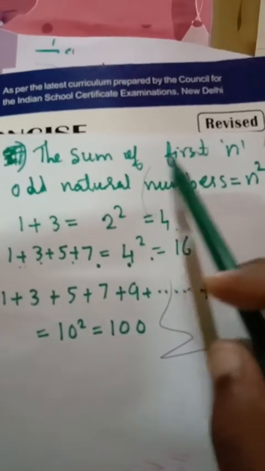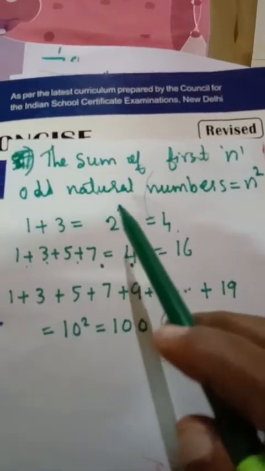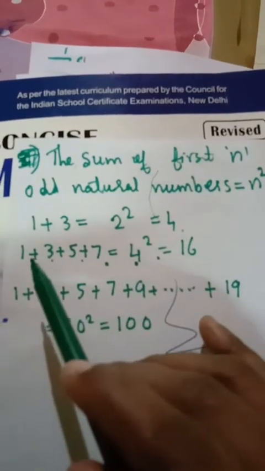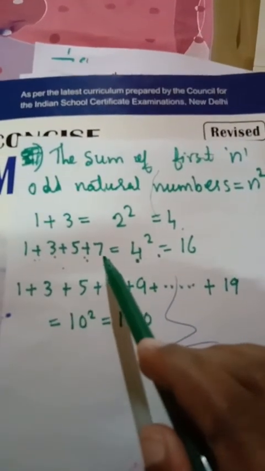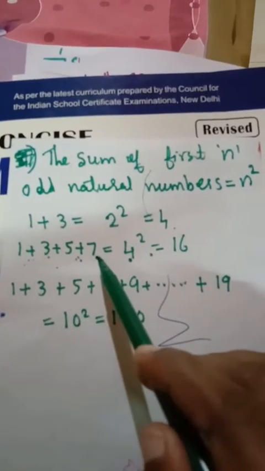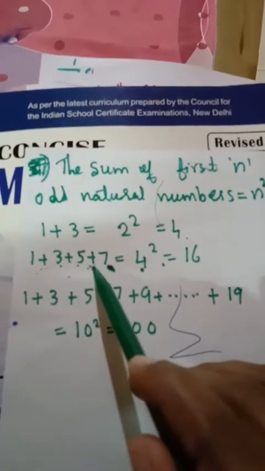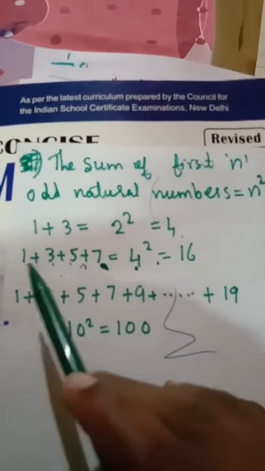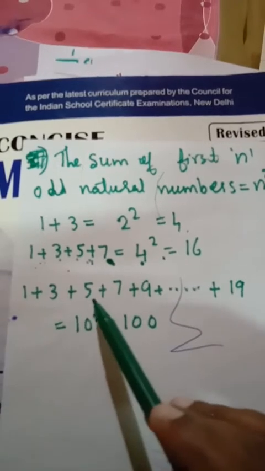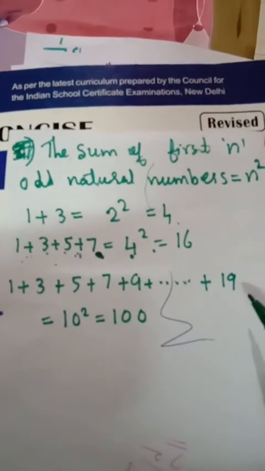But listen to one thing: first n odd natural numbers means the order should be 1, 3, 5, 7, etc. If we take 1, 5, 7, etc., that is not correct. You take consecutive, continuous odd numbers. Next one, 1 plus 3 plus 5 plus 7 plus 9 plus etc. plus 19.